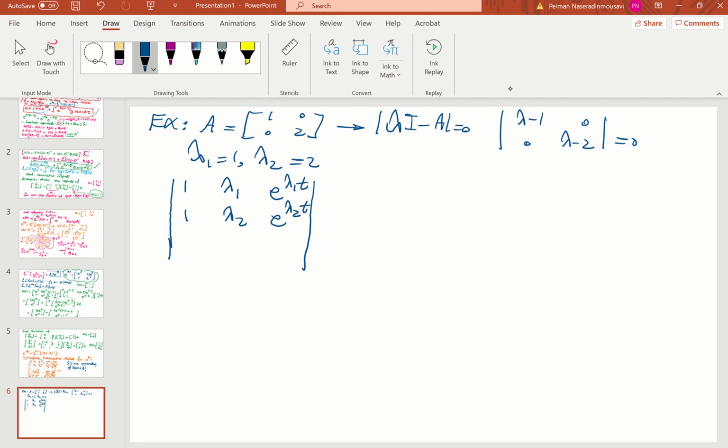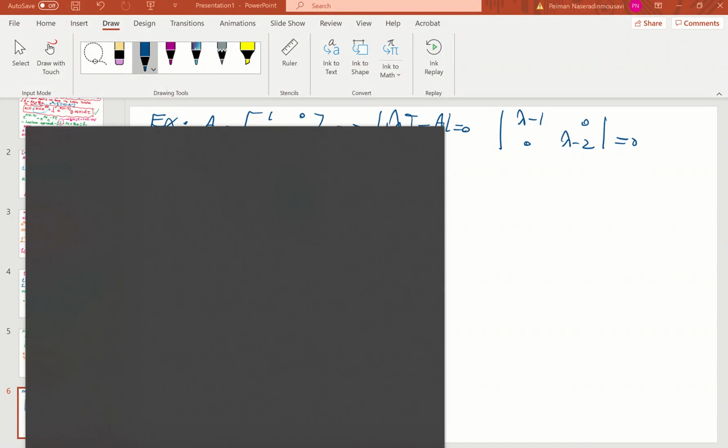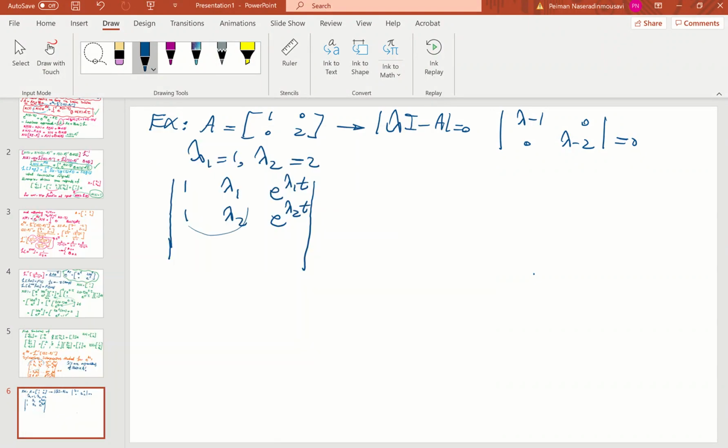And because here it is a 2 by 2 matrix, the last column is this, and the last line is going to be I, A, and e^(At). This is how we do it. There's 1, lambda 1; 1, lambda 2, 2 by 2. The last column is exponentials: e^(lambda 1 t), e^(lambda 2 t), e^(At), and the last row I, A.